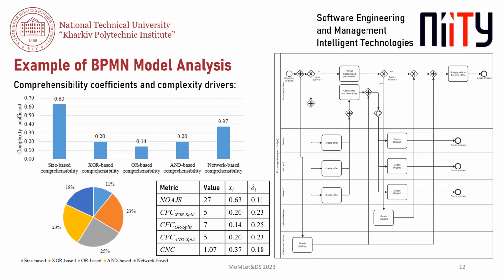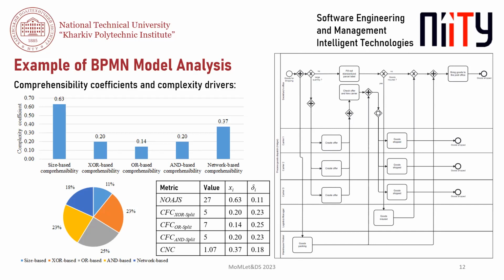Using this BPMN model and the proposed optimization model, we have defined comprehensibility coefficients for each of the considered metrics and respective complexity drivers. So here for the complexity coefficients, we have 2 highest values for size and network-based comprehensibility.